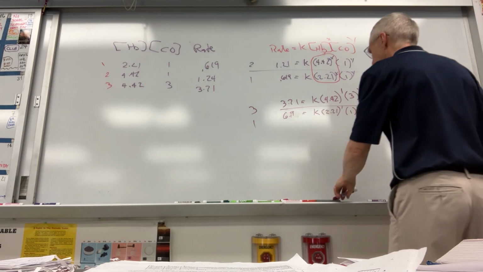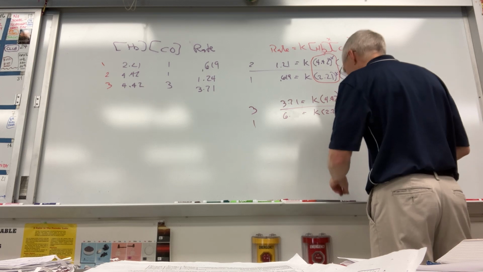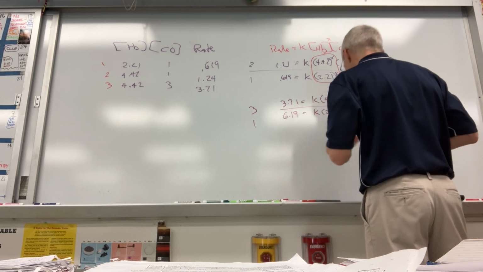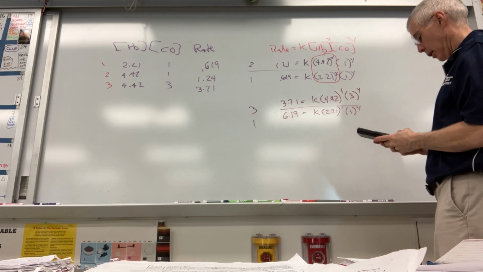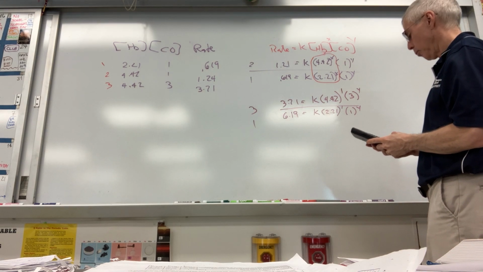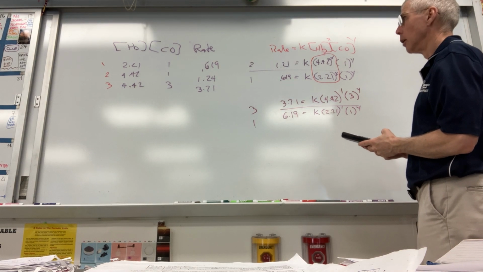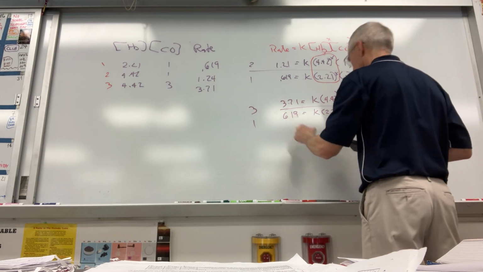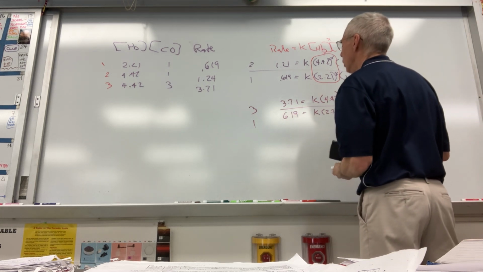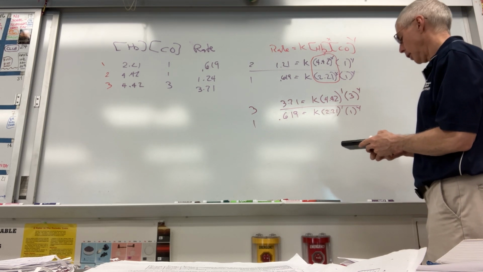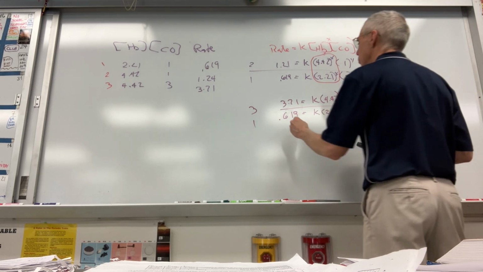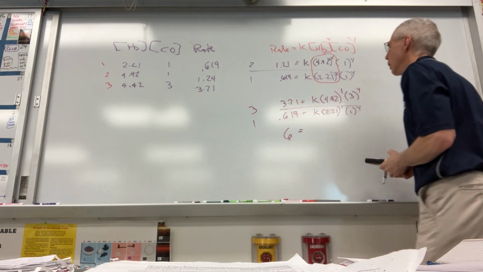Now, everything in here we know, except for y. So let's just do it. It's 3.71 divided by 0.619, comes out to almost exactly 6.